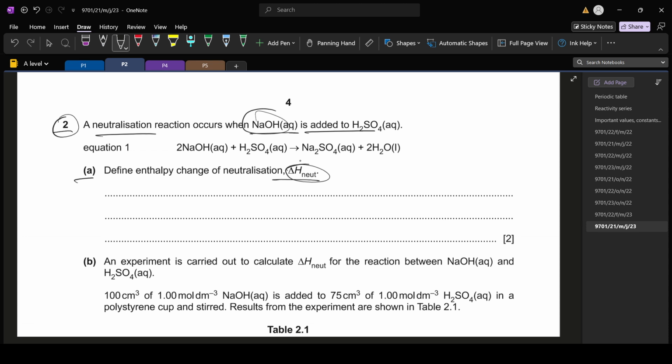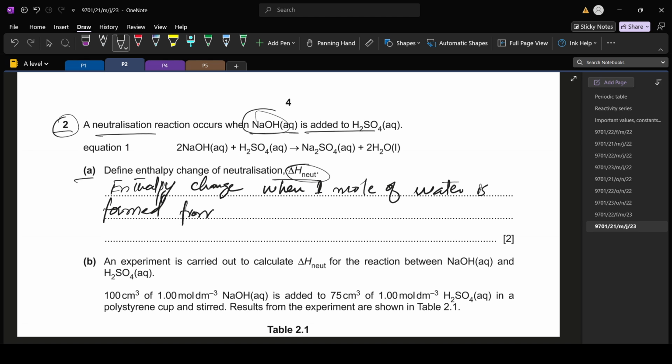So it is the enthalpy change when 1 mole of water is formed from an acid and an alkali, or you can say base. Alkali or base, you can write both of these.